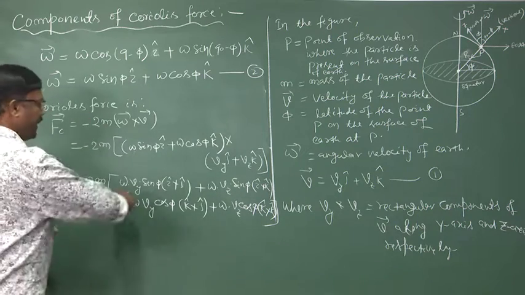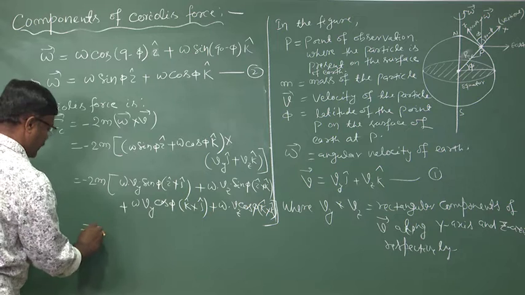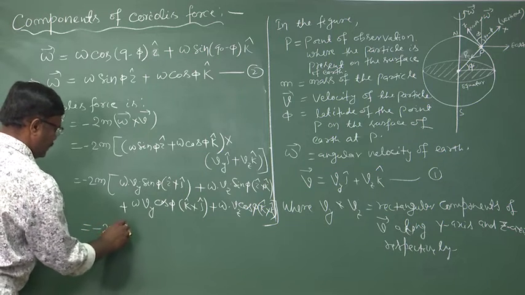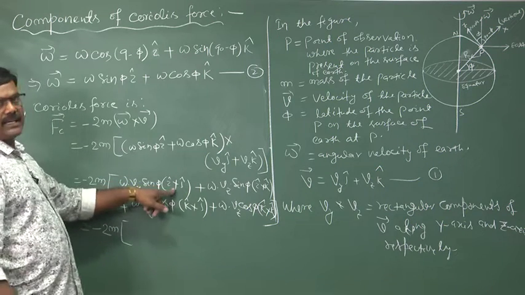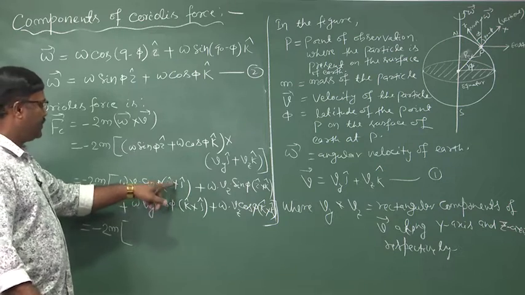Now, simplifying these terms, we can write minus 2m. i cross j is nothing but k cap.